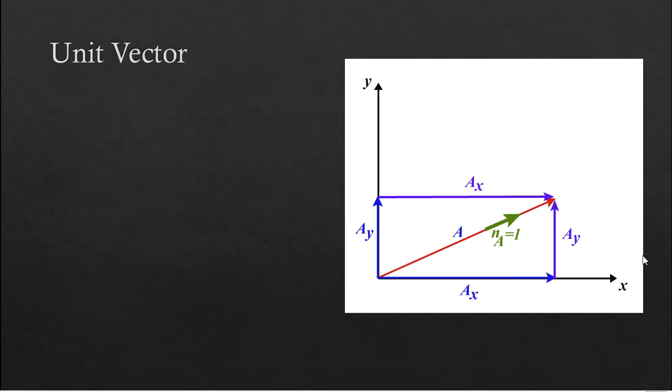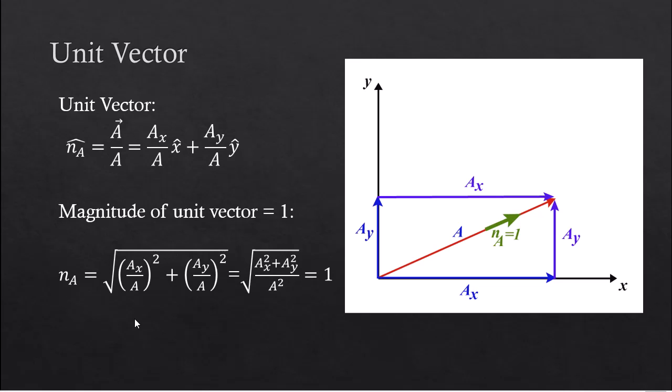The unit vector is a vector along A, but that has a length of 1. So the unit vector is the A vector divided by the magnitude of A, but the A vector is Ax x unit vector and Ay y unit vector, and so we divide this quantity by A and A. The magnitude of the unit vector is 1, which you can prove.